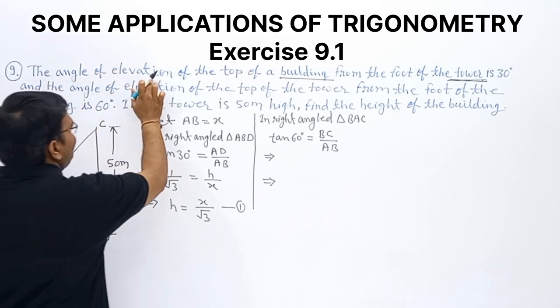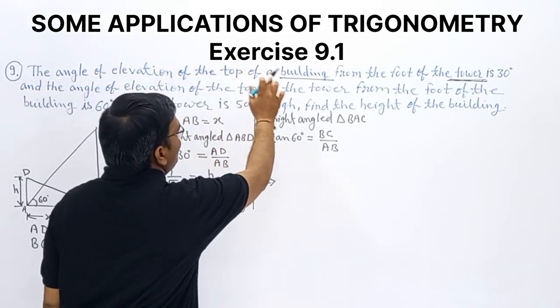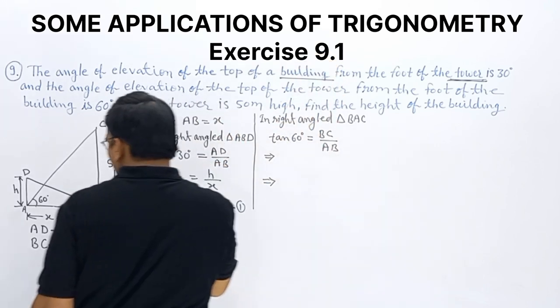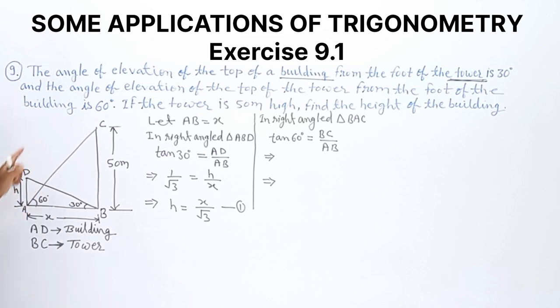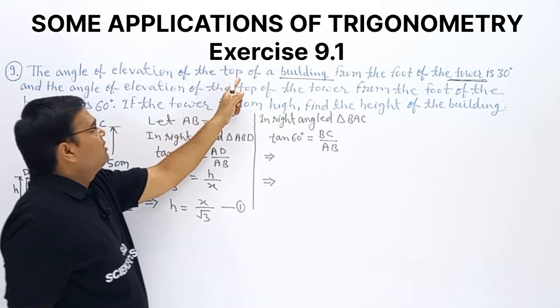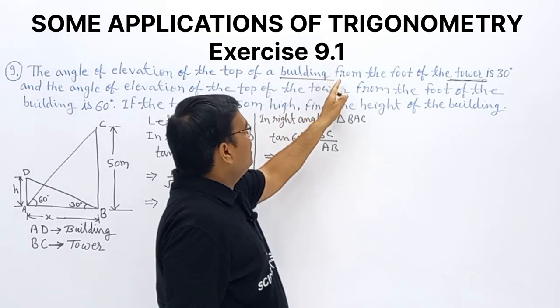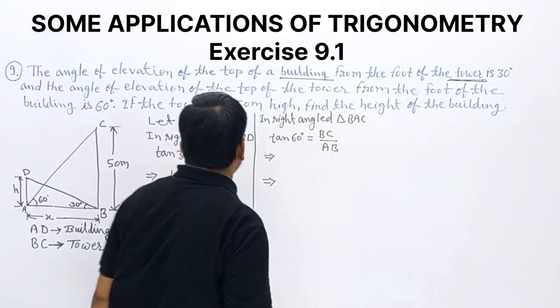The angle of elevation of the top of the building. This is the building and its top is point D. The angle of elevation of the top of a building from the foot of the tower is 30 degrees.